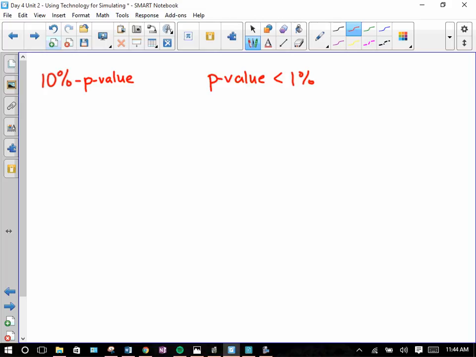No. The second one was a p-value between two numbers. What were they? 1% and 5%.